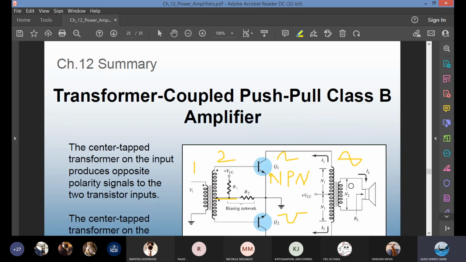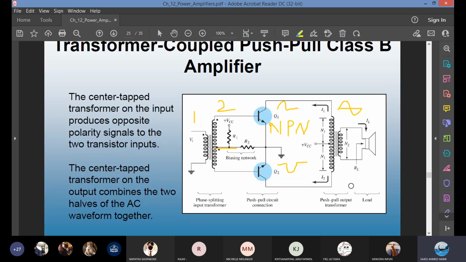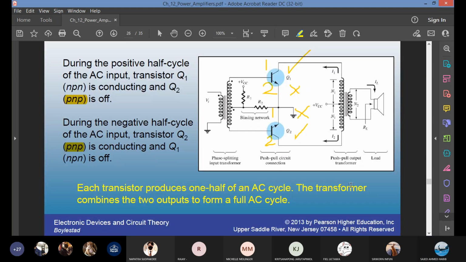For power amplifiers, we are more concerned with efficiency. So most of the calculation involves some sort of efficiency calculation and power dissipation whenever it's applicable. Any question on these two types of amplifier?